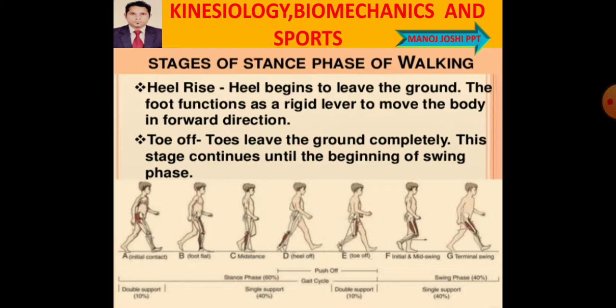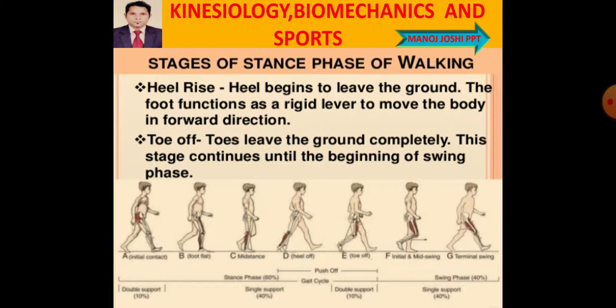Toe off: the toes leave the ground completely. This stage continues until the beginning of the swing phase. Again the swing phase will start. So we can see here how the initial contact is there in first position.